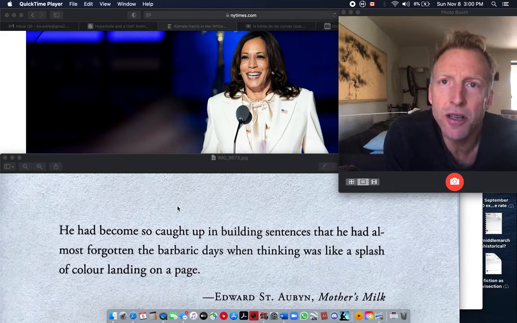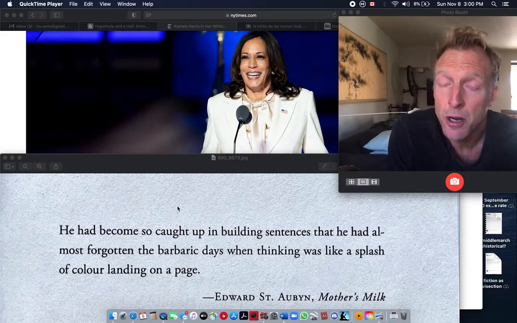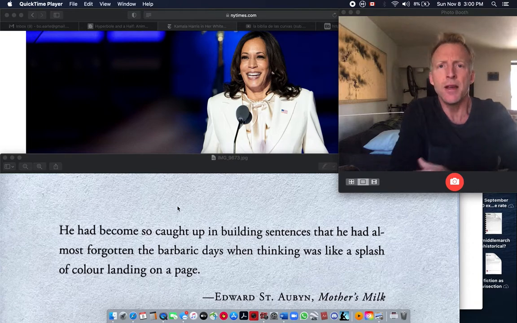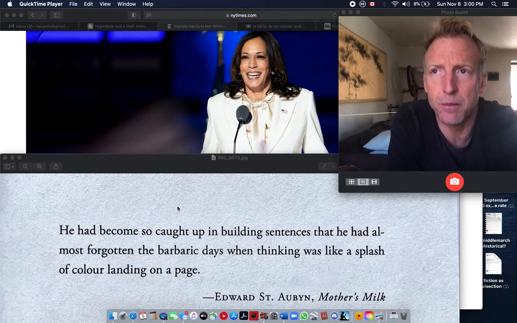So in this class on nonfiction prose, I've really focused on metaphor, the key role of metaphor in nonfiction prose. And that might sound surprising.